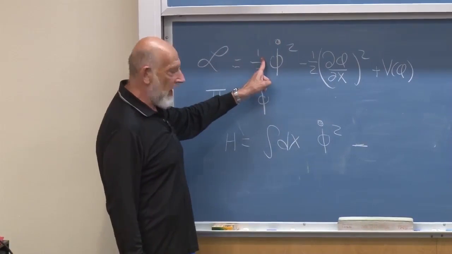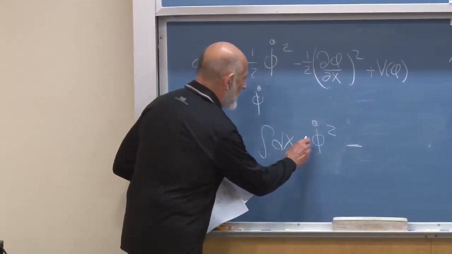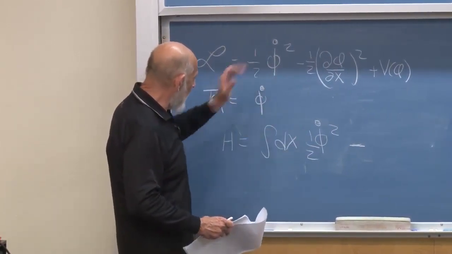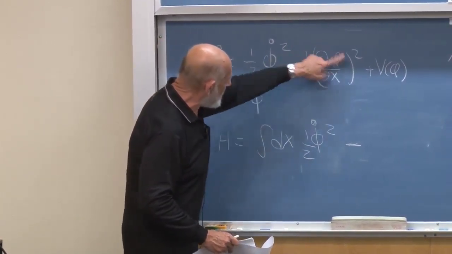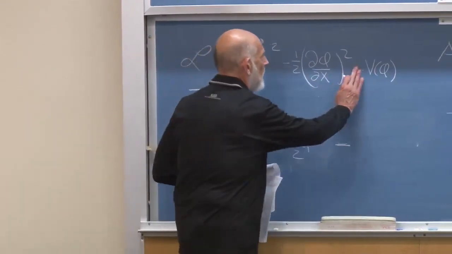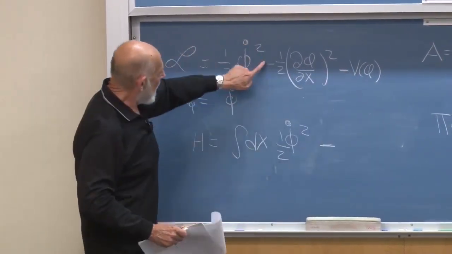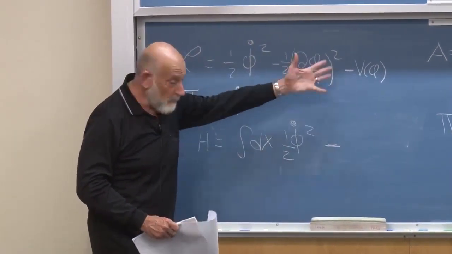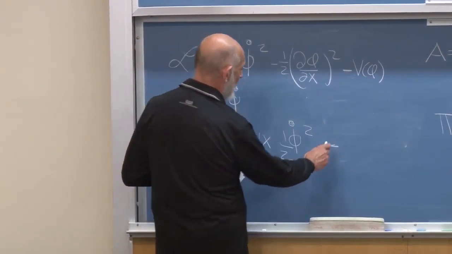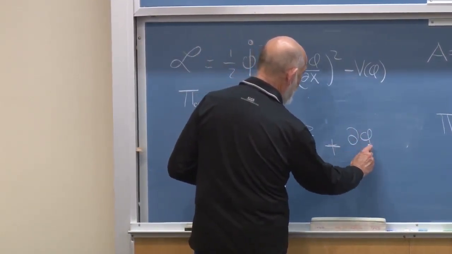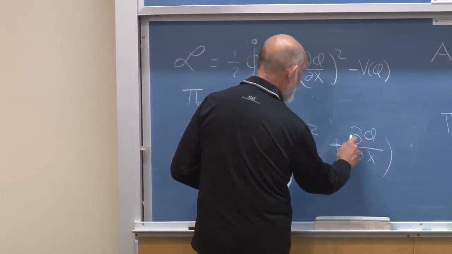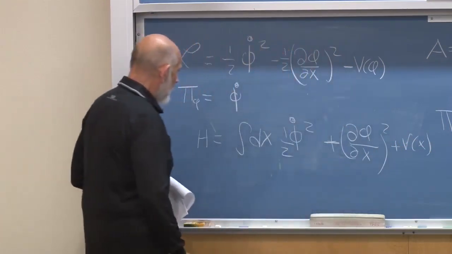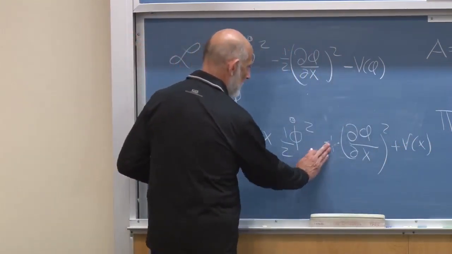Phi dot squared minus 1/2 phi dot squared. That's going to give me just 1/2 phi dot squared, right? Now we're also going to subtract off this thing, which already has a minus sign. Two minus signs make a plus sign. So this becomes plus derivative of phi with respect to x squared plus V of phi.